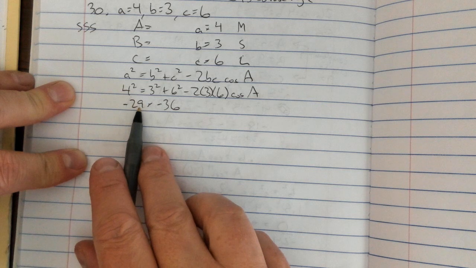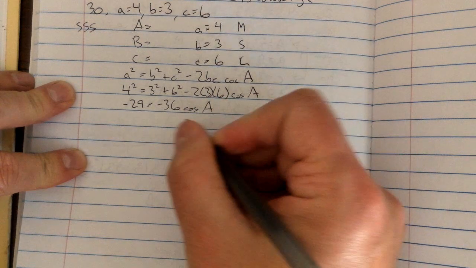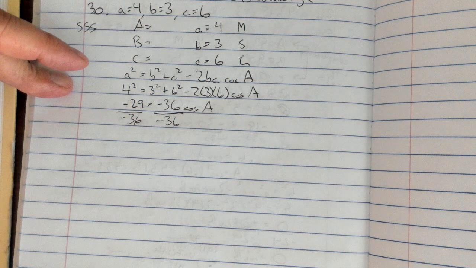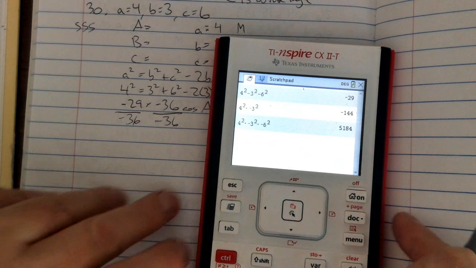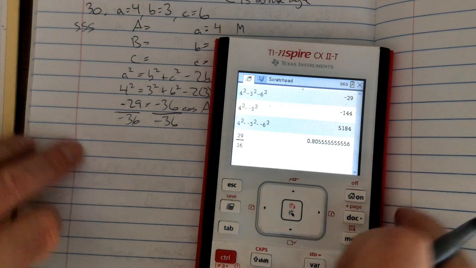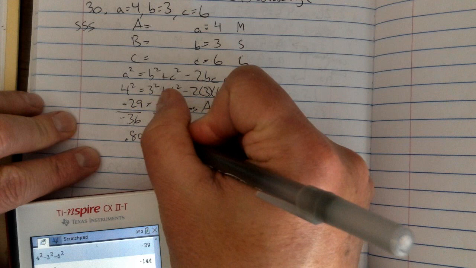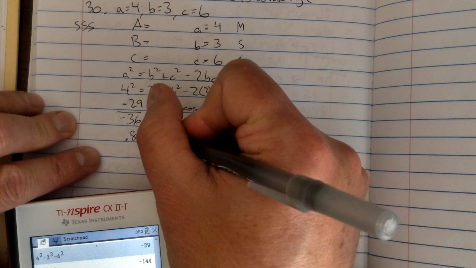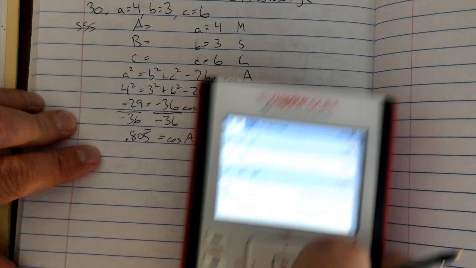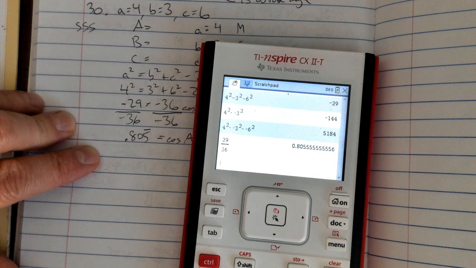Okay, so we get negative 29 equal negative 36 cosine A. And so then 29 divided by 36, because the negatives cancel, gives you 0.805 repeating. It's all 5s, and then at the very end it's a 6 because it rounds.